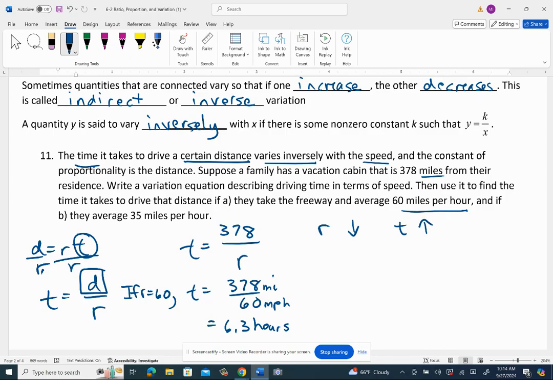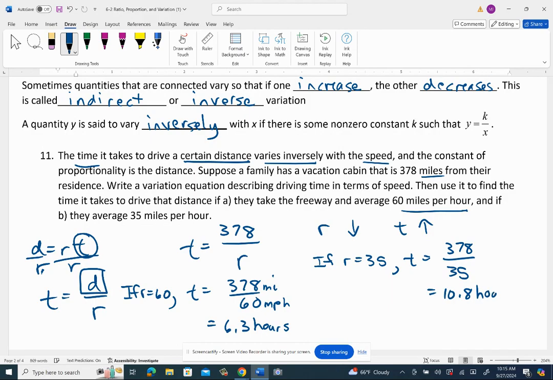So if you go slower, the time it takes you to get there is going to be greater. So on that second scenario, we're letting r be only 35. Then our t is going to still have the 378 on top, but we're going to divide by 35. And when we do that, we wind up with 10.8 hours.